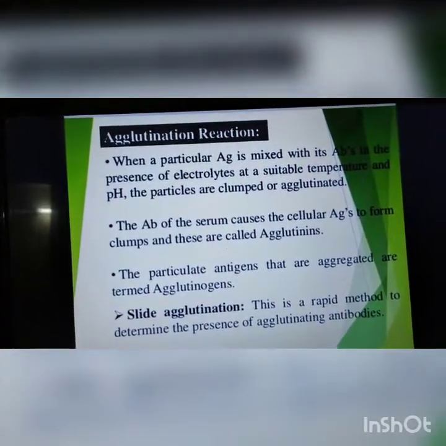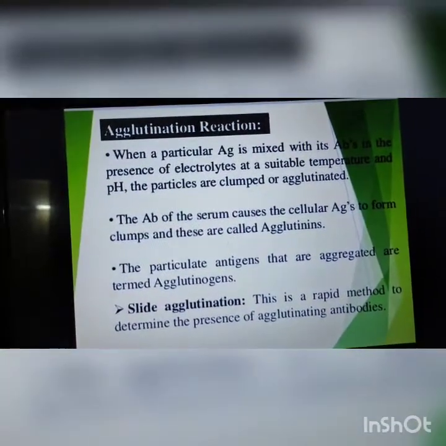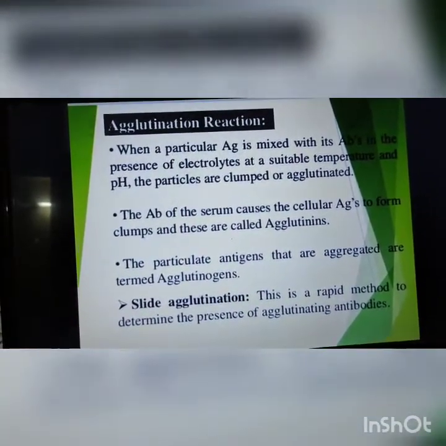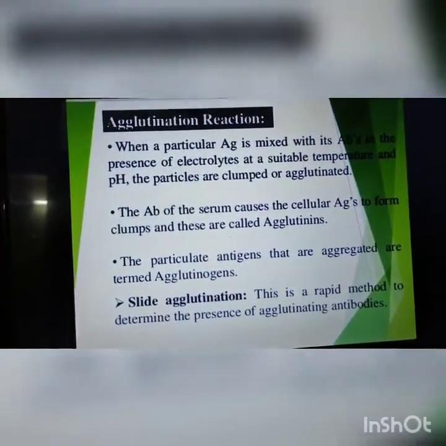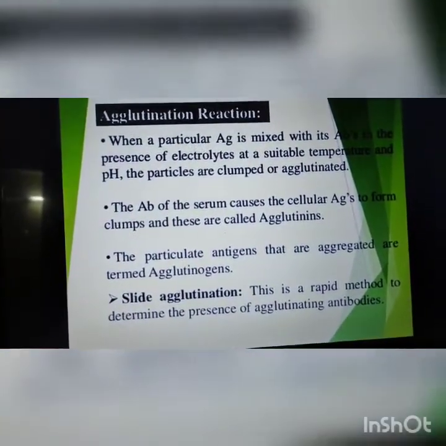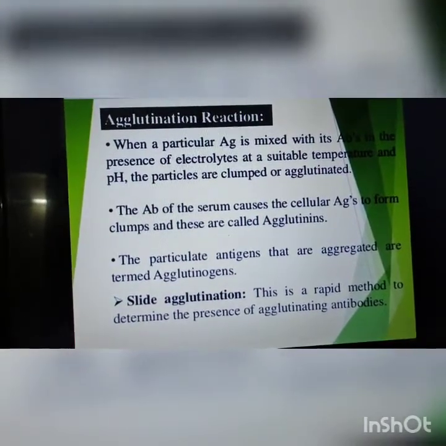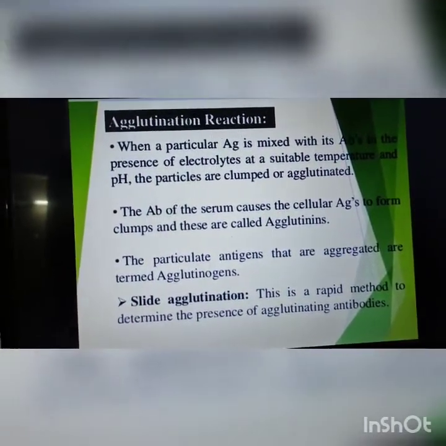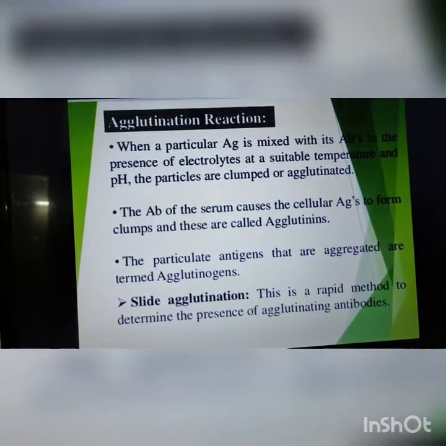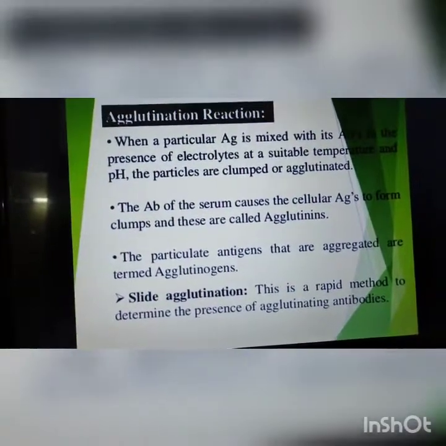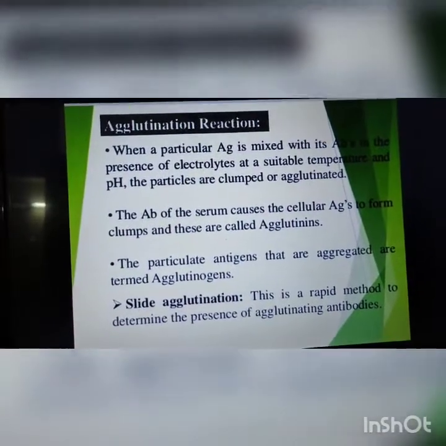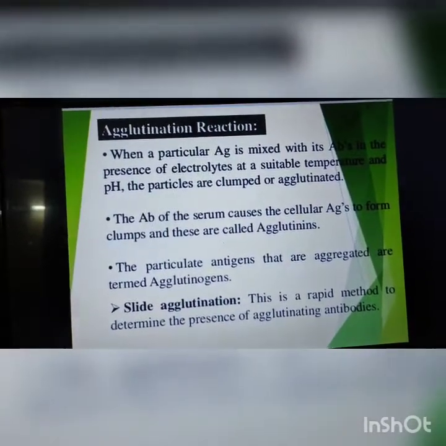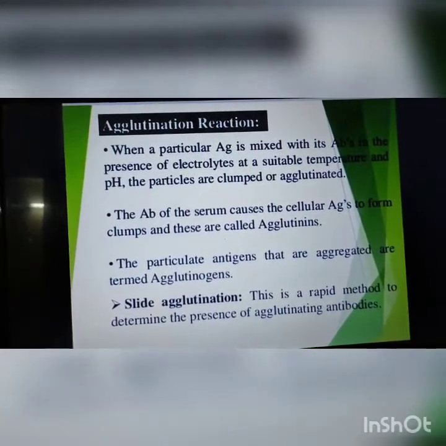When a particular antigen is mixed with an antibody in the presence of electrolyte at a suitable temperature and pH, the condition is the same here also, so the particles get clumped and agglutinated. The antibody of the serum causes the cellular antigen to form clumps. The antibody causing this is called the agglutinin, and the particulate antigens that are aggregated are termed agglutinogens.